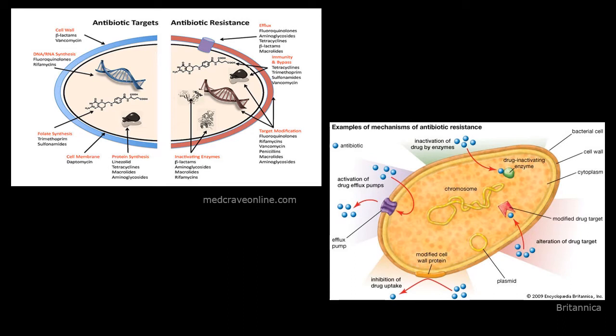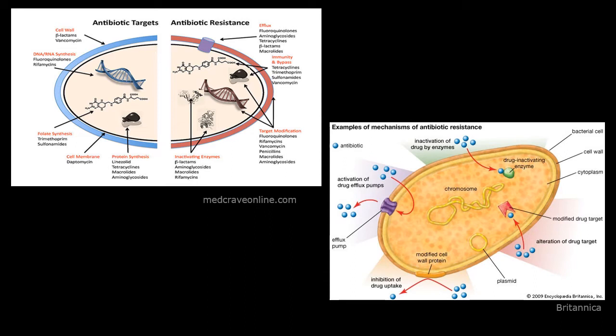Here are two simplified diagrams that you can refer to and use to memorize the mechanisms and examples. In the first one you can see efflux, immunity and bypass, then target modification, and inactivating enzymes that are produced.